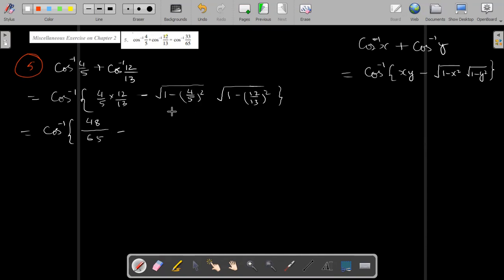Solve this under root. Actually, the LCM will be 25. Here you will get 25 minus 4 square, 16. Similarly, here square of 13 is 169. So here 169 minus 12 square, 144.